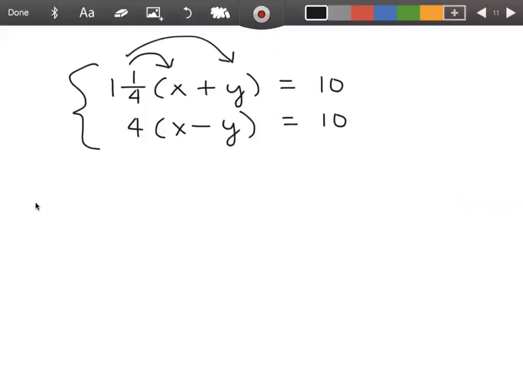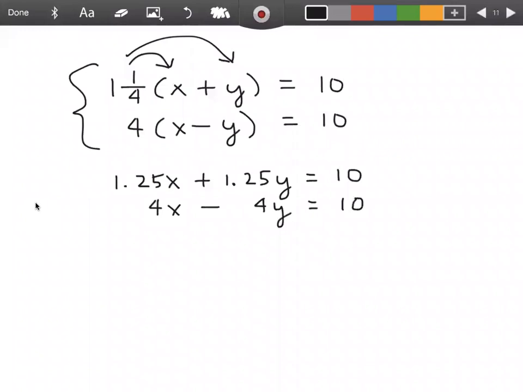So instead of writing 1 1/4 times quantity x plus y, I'm going to write 1.25x plus 1.25y. And I will also distribute the 4. That's going to give me 4x minus 4y equals 10.